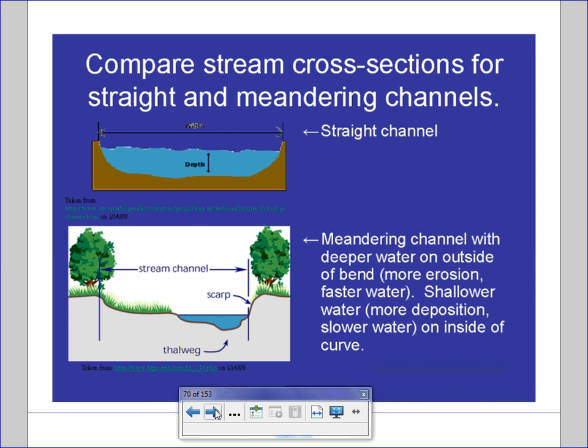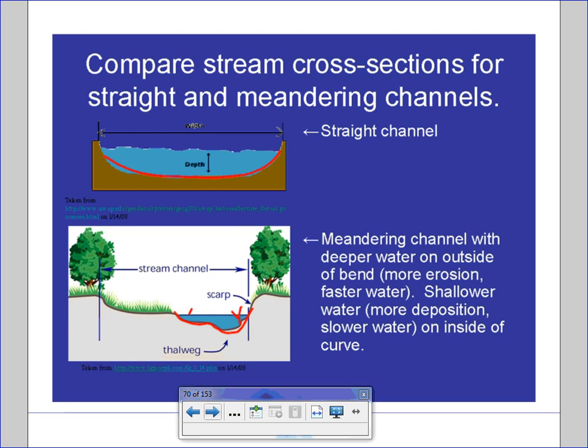So again, if we were to compare a straight channel with a meandering channel, what you would see in a straight channel is it would look more of a semicircular shape, smooth bottom. But on a meandering channel, you're going to see it deeper on one side and shallower on the other. So it's not smooth. The deeper side is where more erosion is going to occur. We'll call that Y, where it's going to go the fastest.